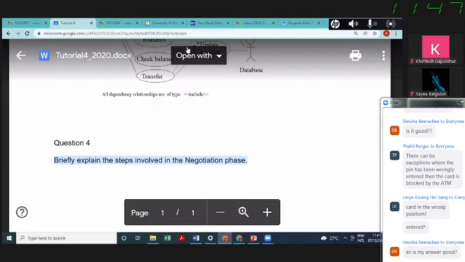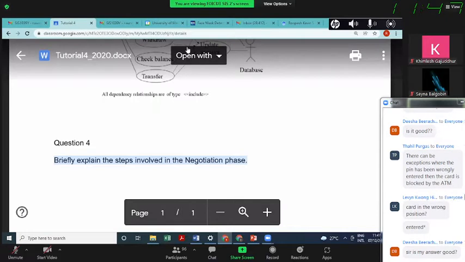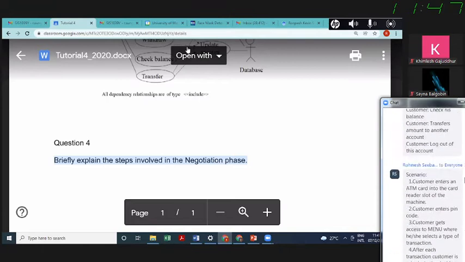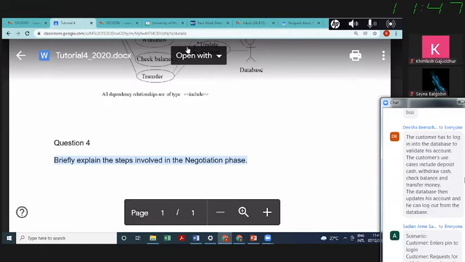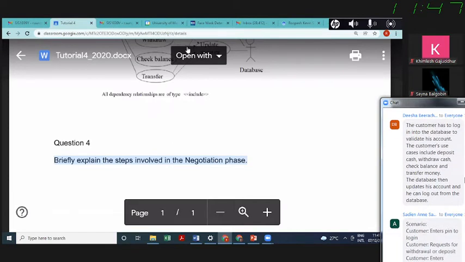Isha, yes, your answer is good. Let me check the answer again. But always try to split this. Don't put deposit, withdraw, check balance, transfer money in a single sentence.